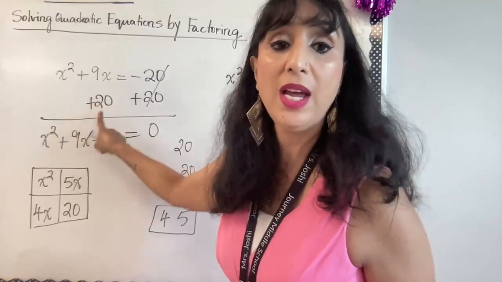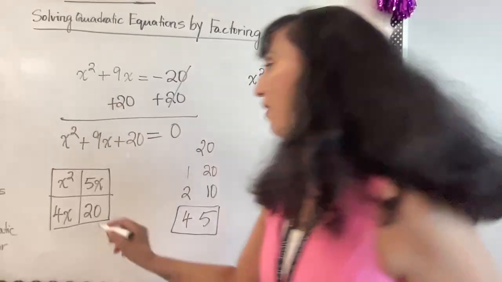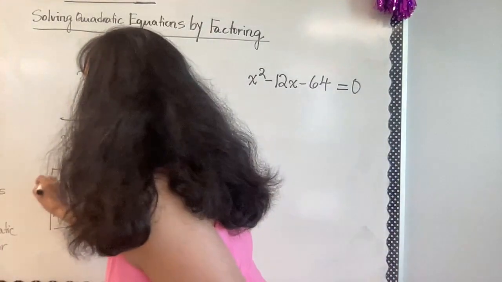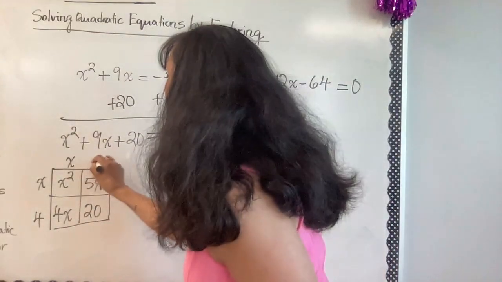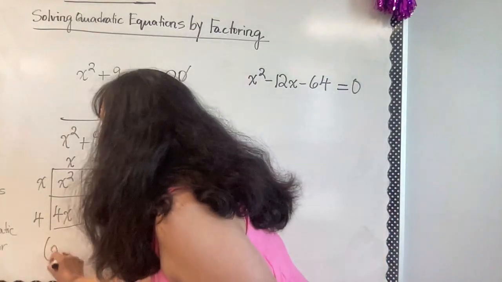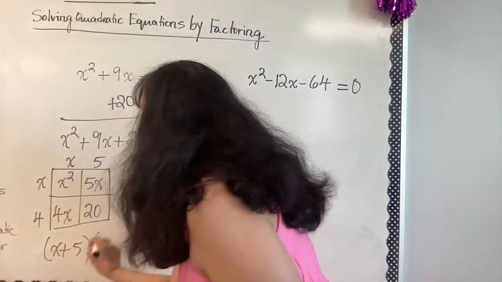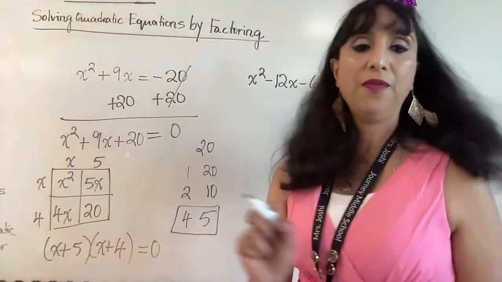Absolutely. Then I find the greatest common factor here, which is x, and I get x and I get 4. Over here I do x times 5, and I know that 4 times 5 is 20. So my factors are x plus 5 and x plus 4, which equal 0.